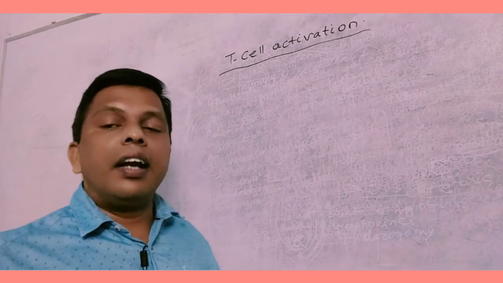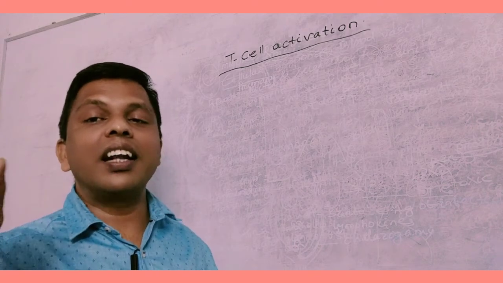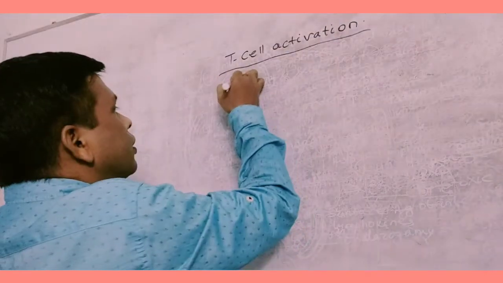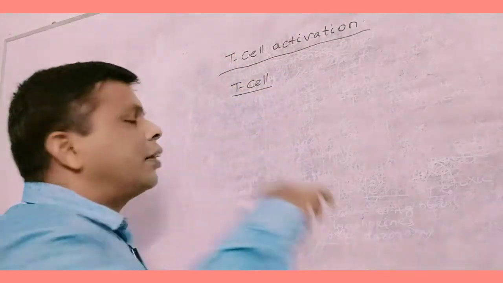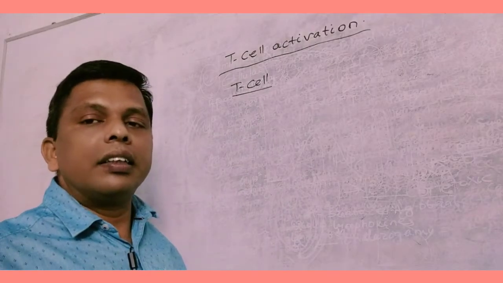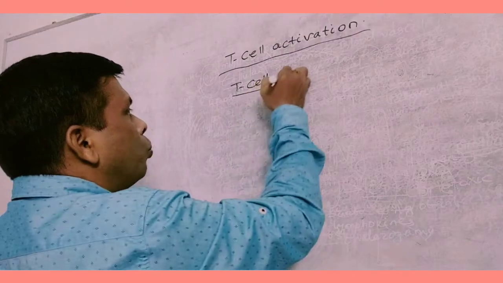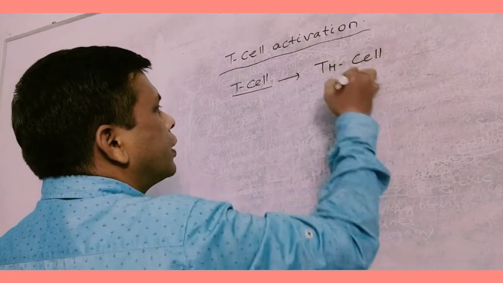The dendritic cells are the brain of the immune system and T cells are the heart of the immune system. Why? Because the T cell produces a particular group of cells, the Th cell, the helper T cell.